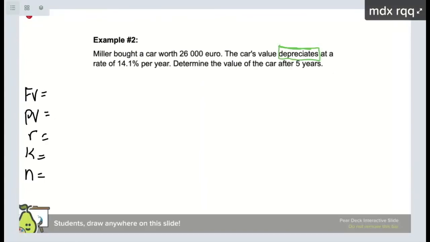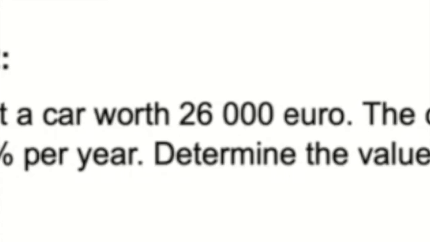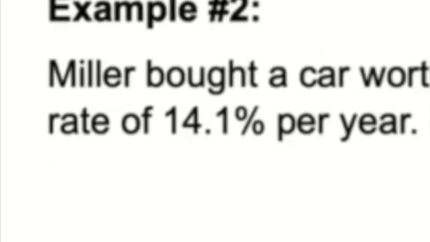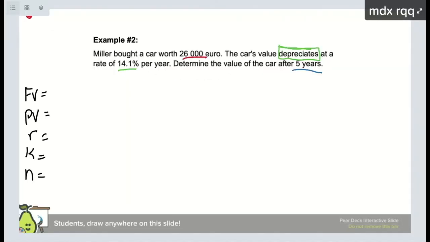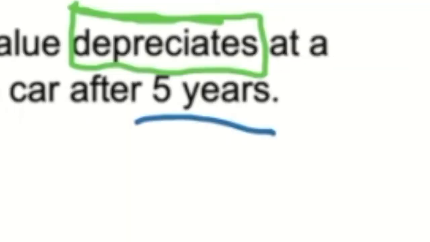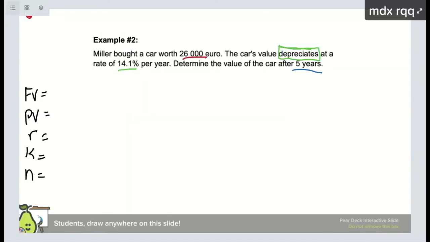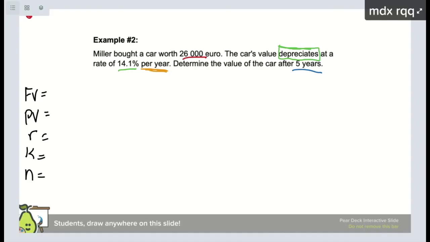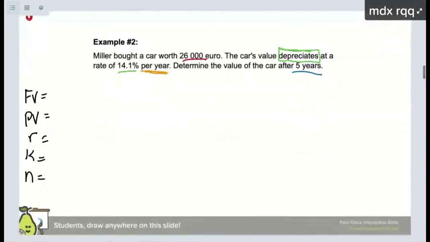And we know we have, so we start with, that's the rate, the time, and then compounding rate. That 14.1%. If I just use that, that's a gain. 14.1% means gain. I need to represent a loss.